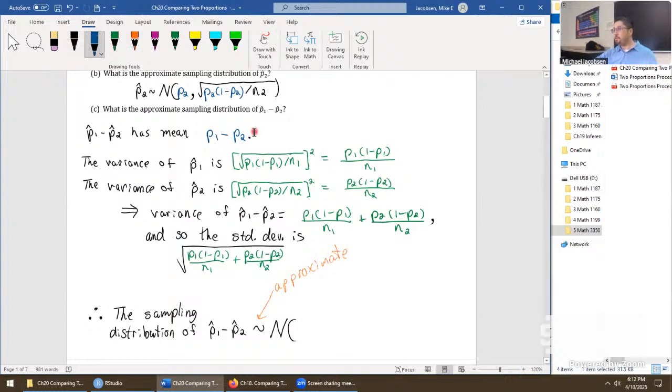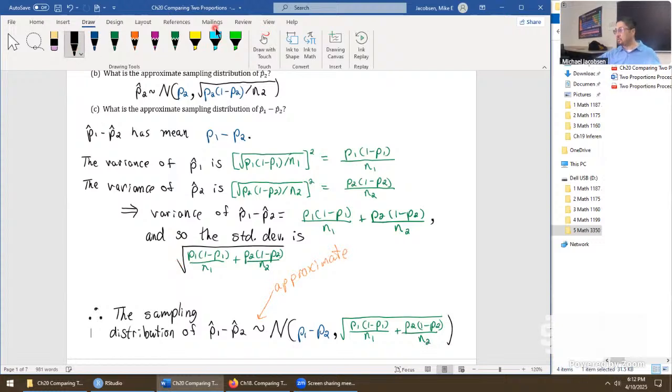We bring in the mean that we calculated. So this is P1 minus P2. So that's the center of the normal distribution. We bring in next the standard deviation, this entire structure. So square root of all of that: P1 times 1 minus P1 over N1 plus P2 times 1 minus P2 over N2.